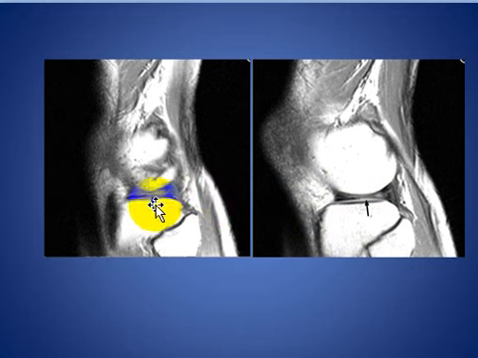Normally we should see the bow tie at least in 2 adjacent slices. If there is no bow tie in adjacent 2 sagittal slices, this means absent bow tie sign and indicative of bucket handle tear of the meniscus.